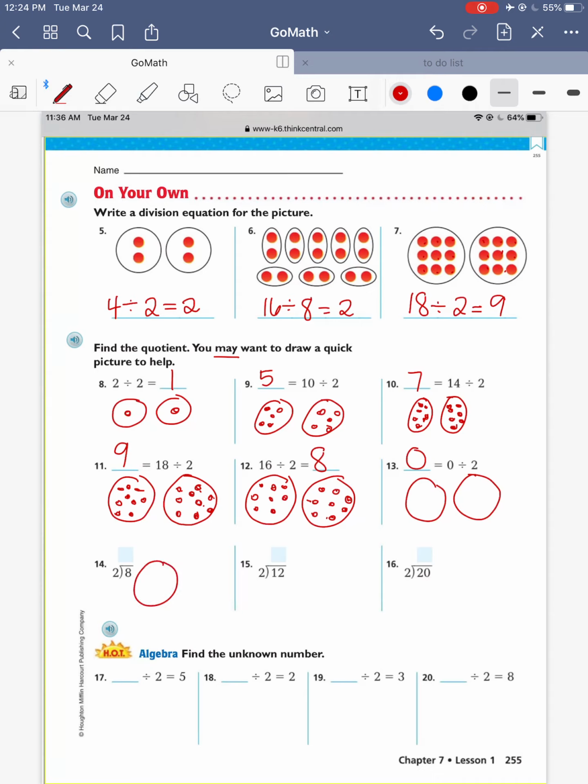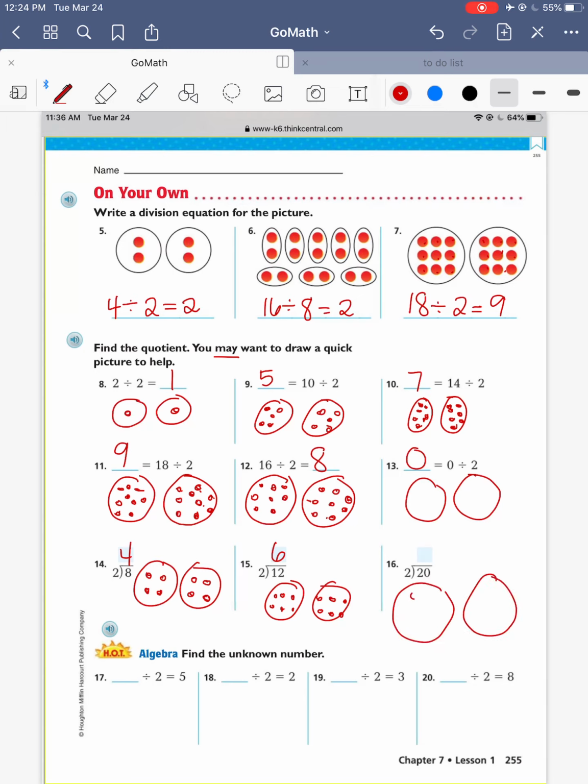Then we have 8 divided by 2. So I need 2 groups and put 8 counters in. So that would be 4. 12 divided by 2. So 1, 2, 3, 4, 5, 6, 7, 8, 9, 10, 11, 12. 6. 20 divided by 2.